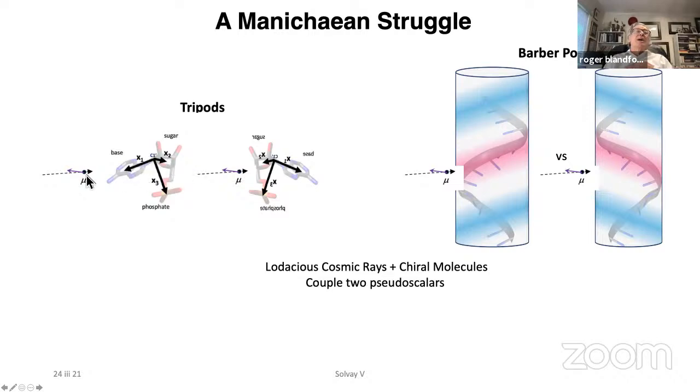Then we could just imagine irradiating this with a muon, which clearly has a pseudoscalar. We can couple the two together, and if the interaction depends on the product of those two pseudoscalars, as it can, then you'll get a preference for this one over that one, say.